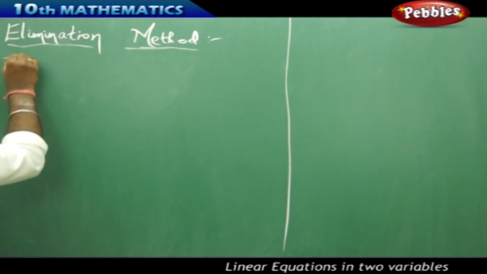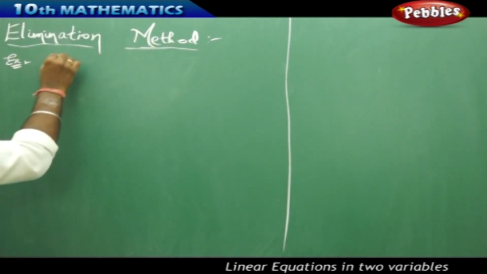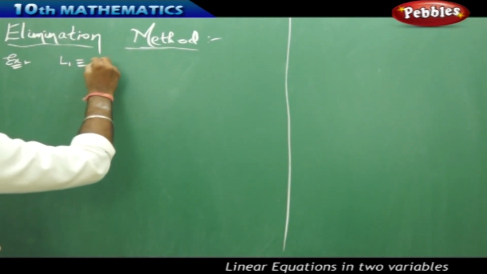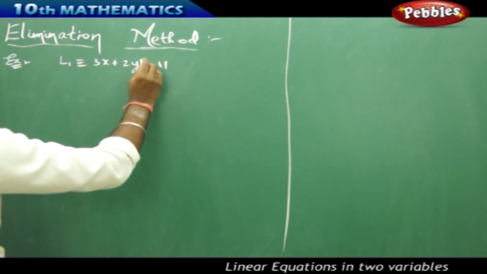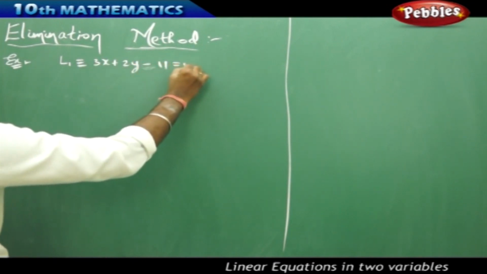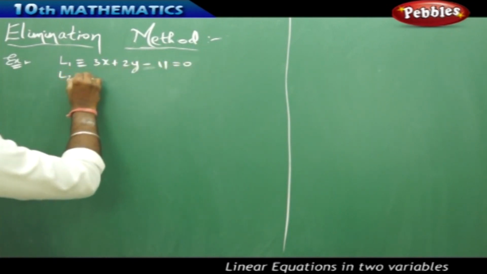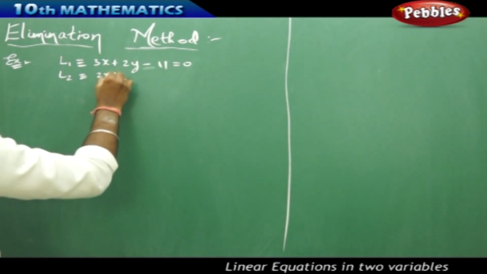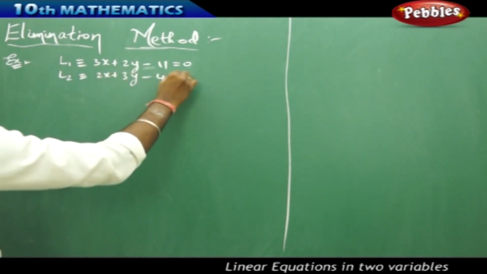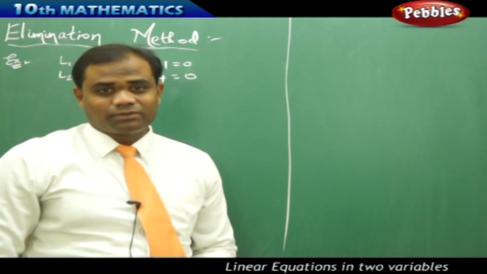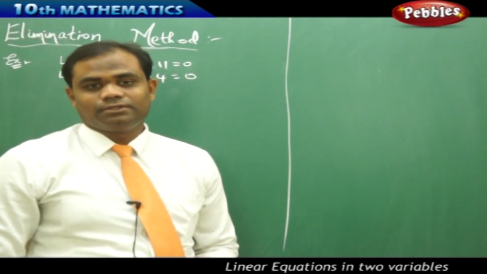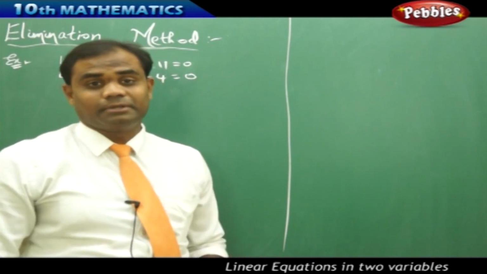To start with an example problem, let me take the line L1 as 3x plus 2y minus 11 equals 0, and my line L2, which equals 2x plus 3y minus 4 equal to 0. Now these are the two lines for which I would like to find the solution using, of course, the elimination method.